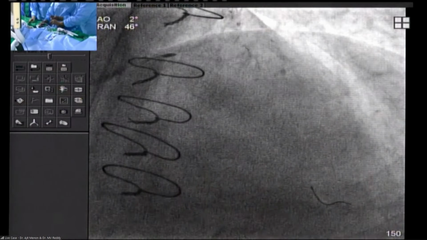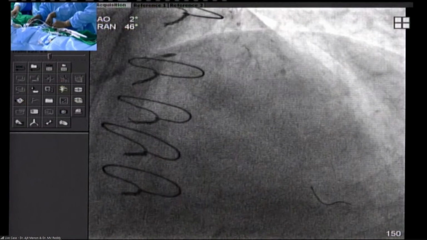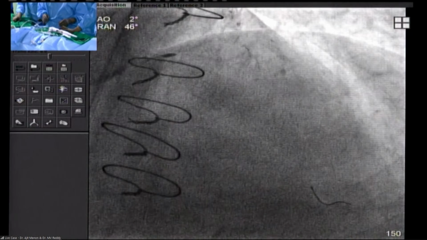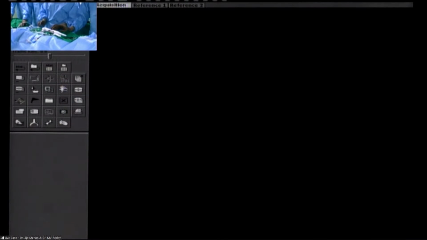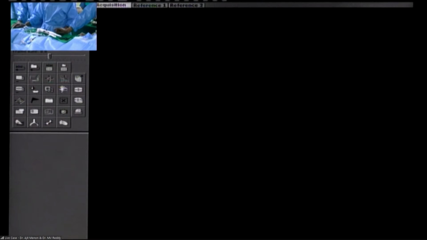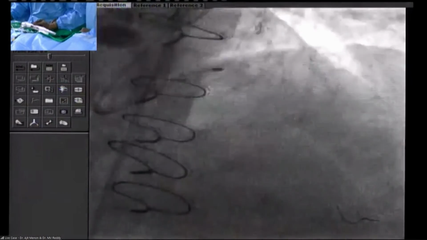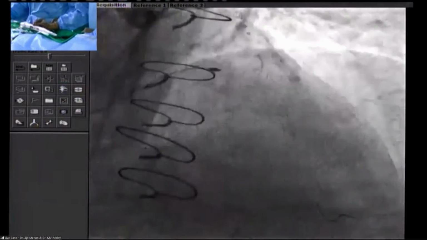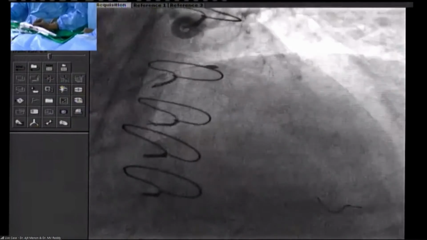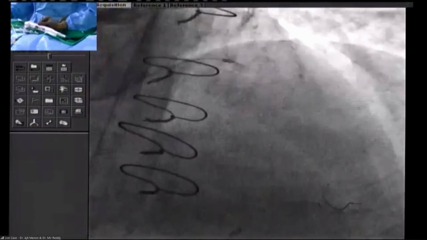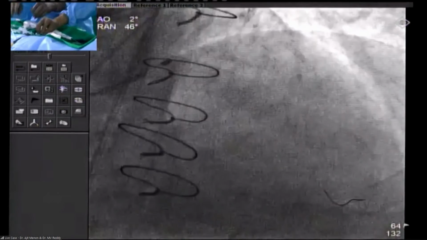So we have the rotablade in place. We have taken 1.5 bar. Pressure, please.